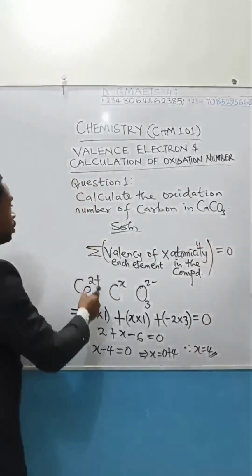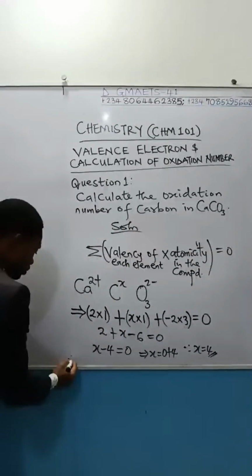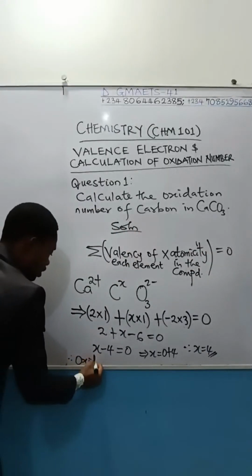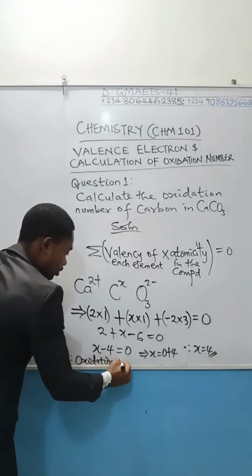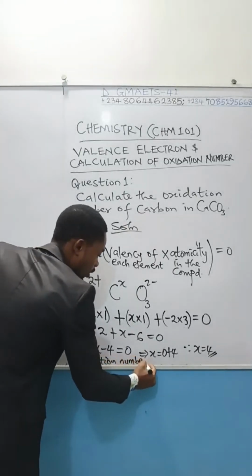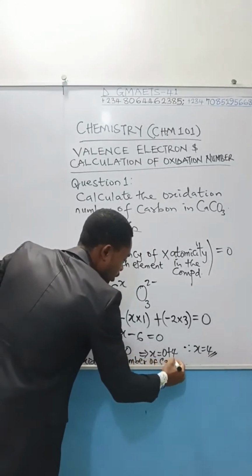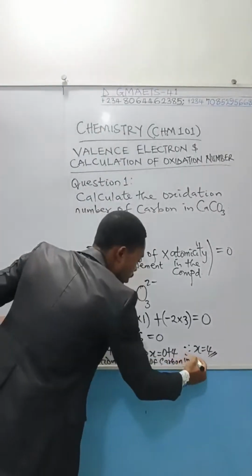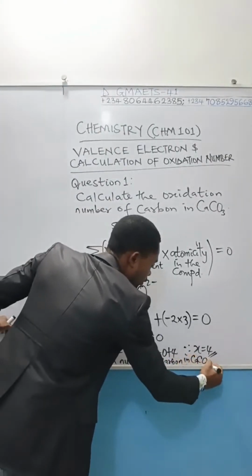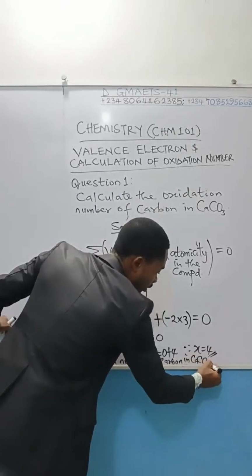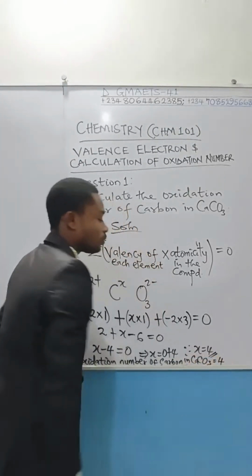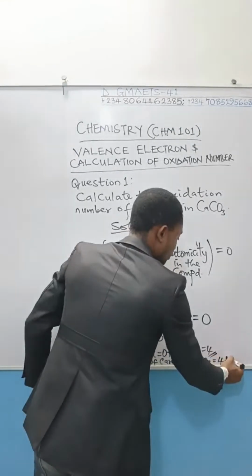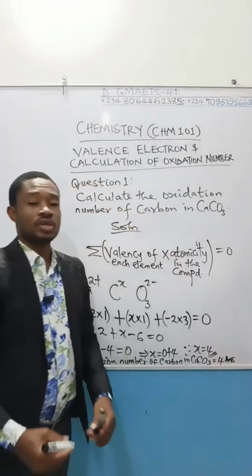So we can conclude that the oxidation number of carbon in CaCO3 equals 4. That is the answer.